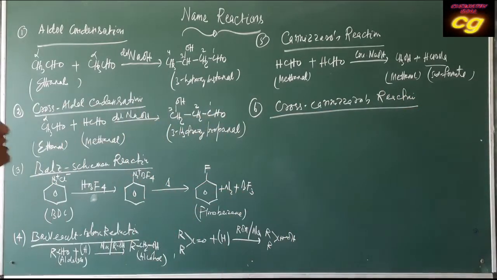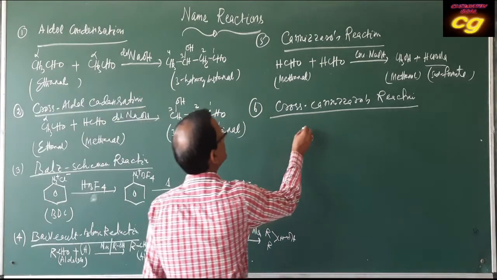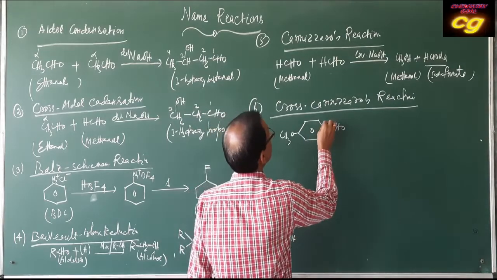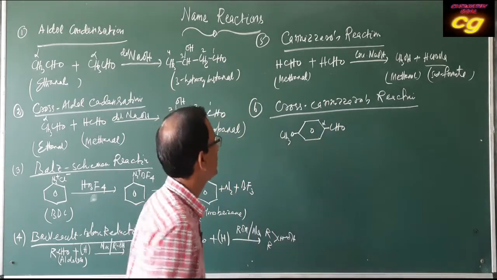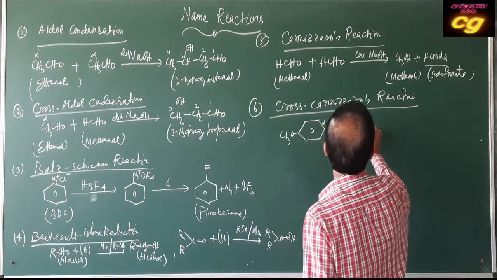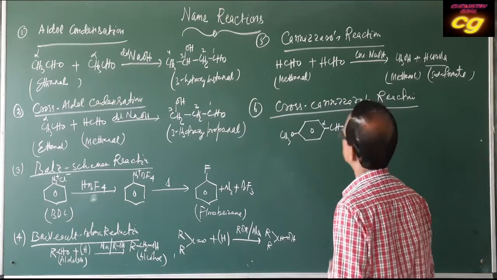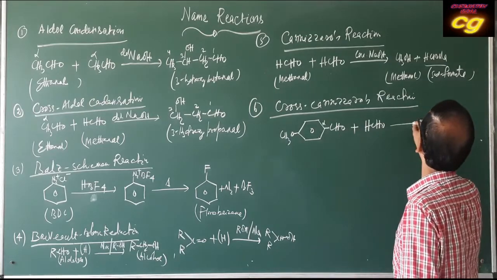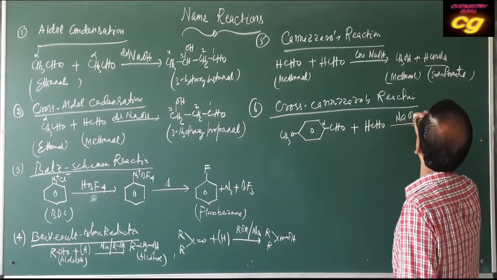In case of cross Cannizzaro reaction, what happens? If a different aldehyde, for example, you take this aldehyde, it has no alpha hydrogen atom, reacts with another aldehyde, that is formaldehyde, having no alpha hydrogen atom, in presence of base.